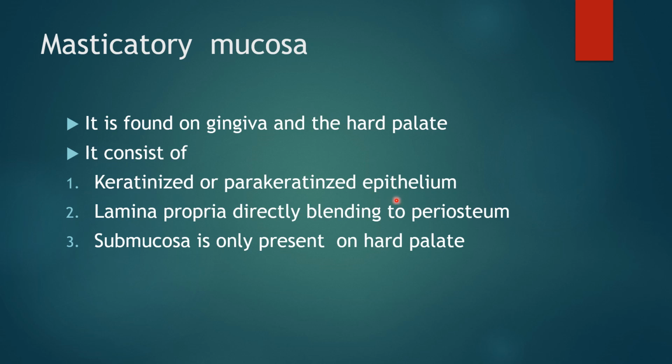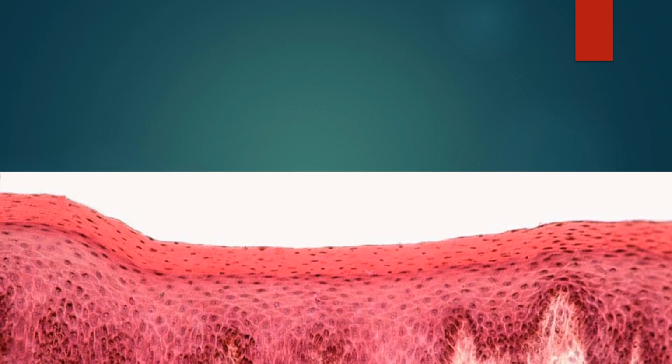Beneath this epithelium there is the lamina propria, which is a loose connective tissue, and it directly blends to the periosteum of the bone in the area of the hard palate or the gingiva. The submucosa is only present in the hard palate, and where it is present posteriorly, it contains either adipose tissue or mucous type glands.